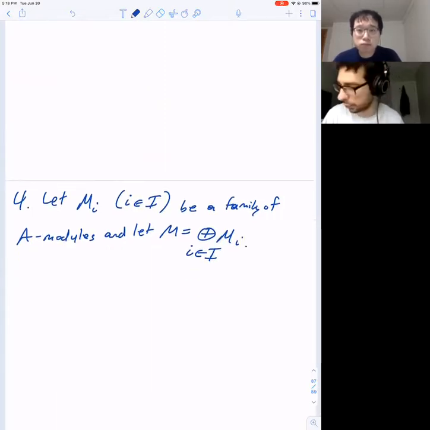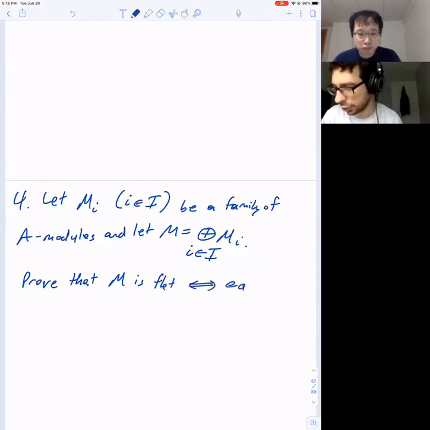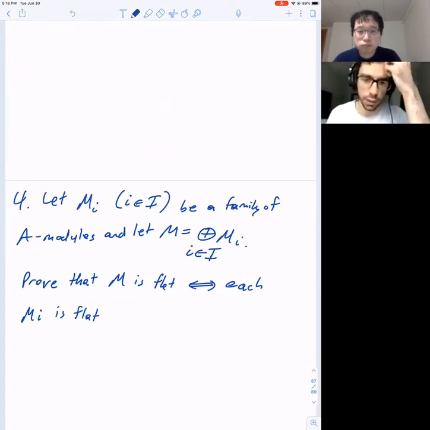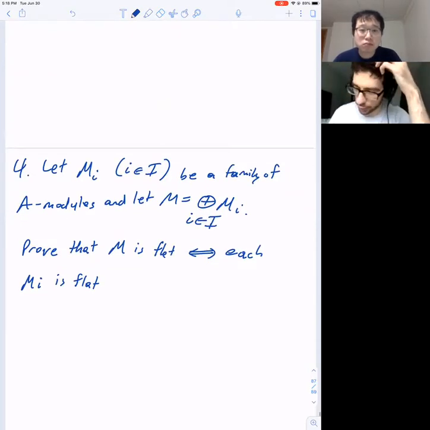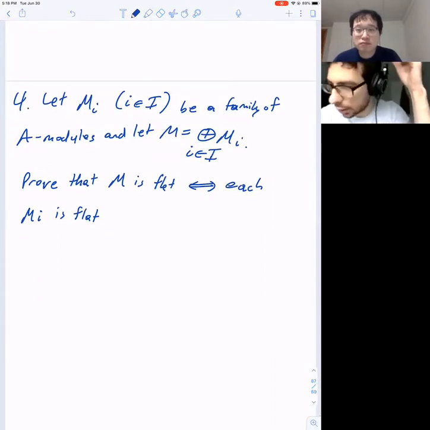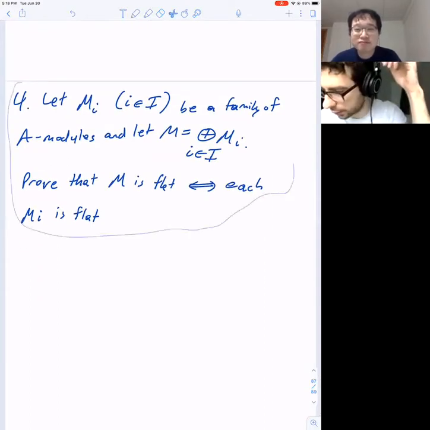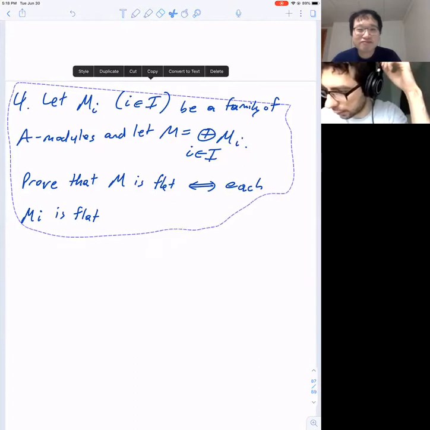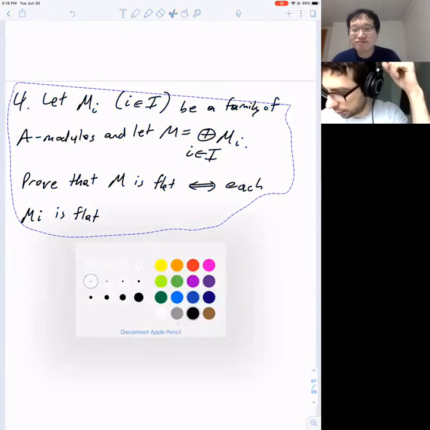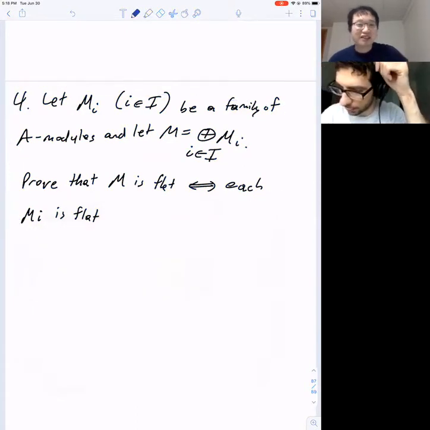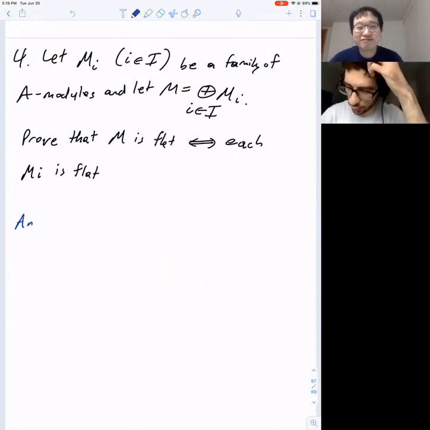I need to prove that M is flat if and only if each M_i is flat. So how do we do this? And then let's try to solve what's going on.